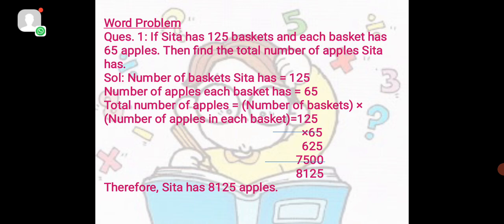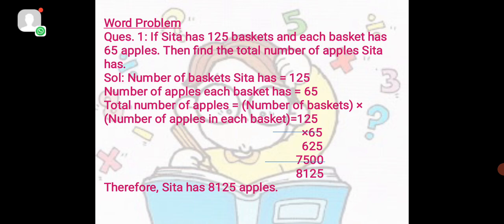First of all, when I multiply 5 with 125, I get the result 625. Children, first I have to multiply 5 with 125. The resultant product is 625. Then what to do? I will multiply 60 with 125.